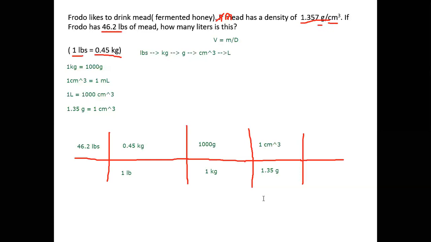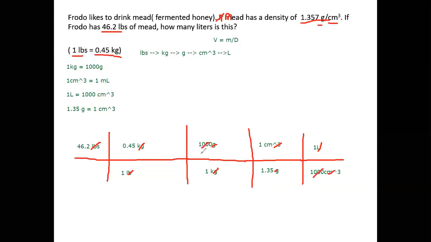And then lastly, we want to convert to liters. Since we're starting with centimeters cubed on top, in our next empty train track, centimeters cubed goes on the bottom, and liters go on top. And now you'll notice that everything cancels but liters. Also, to make the calculation easier, since there's 1,000 here and 1,000 here, we can get rid of the thousands.